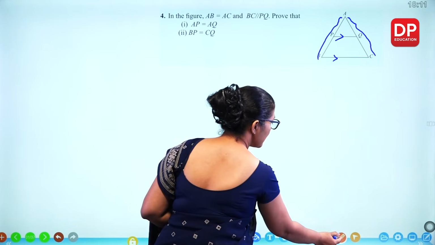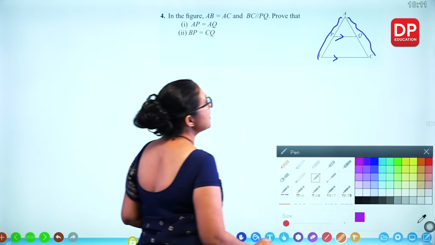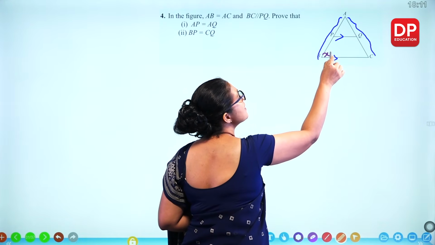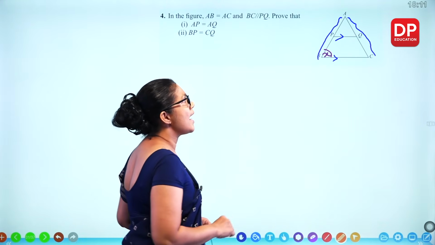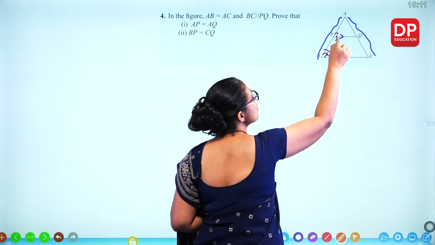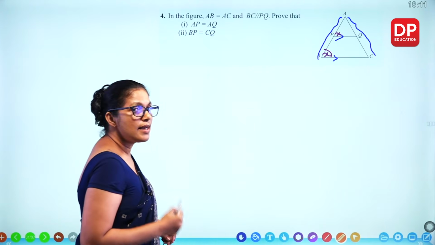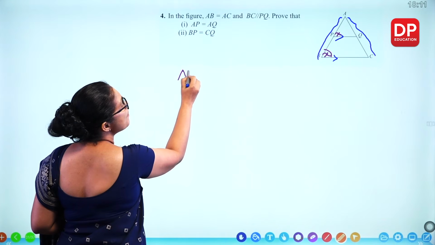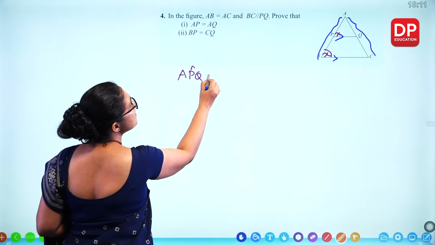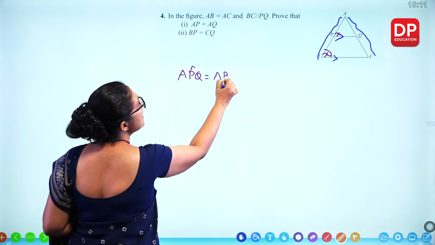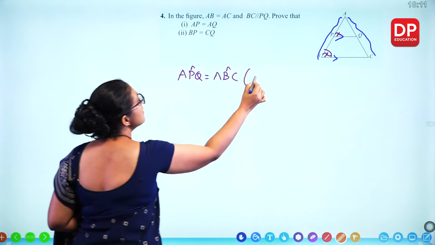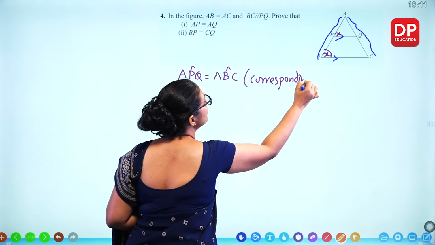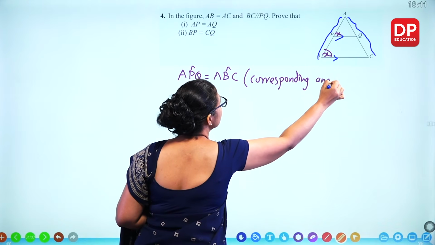So we'll take angles. Now we can say if this is x, according to the parallel lines, this is also x. Why? Corresponding angles. So we can write angle APQ is equal to angle ABC, corresponding angles.